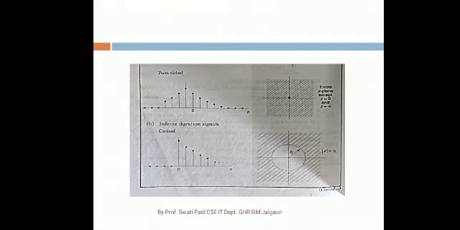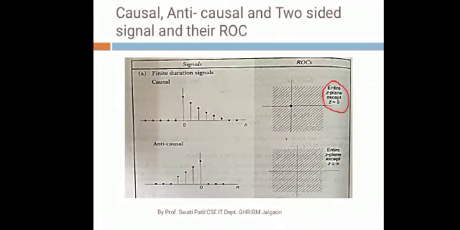Now two-sided signal. In two-sided signal, in the diagram also we can see that at the right side of the 0 we have some signals, and at the left side of the 0 we also have signals. But in causal and anti-causal systems, we have either left or right side signals.